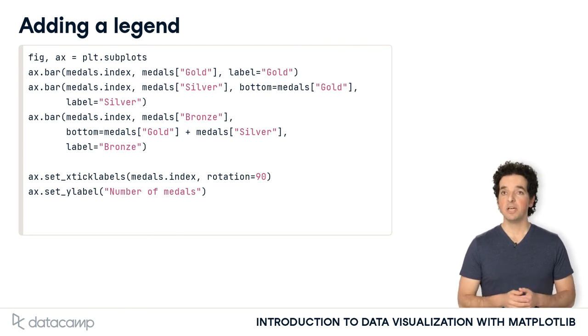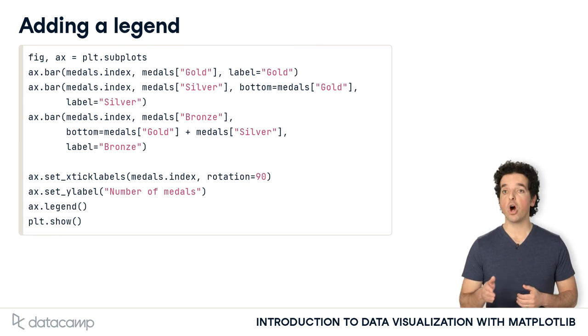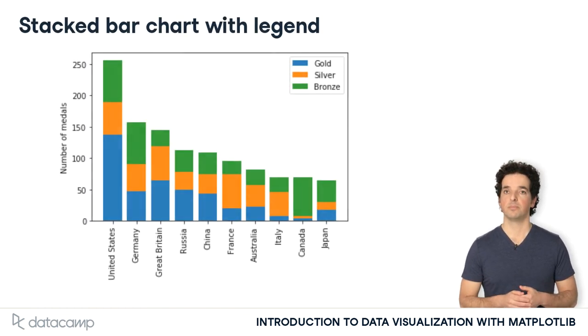The second is to add a call to the axes legend method before calling show. This adds in a legend that tells us which color stands for which medal. This is what the figure looks like with the legend.